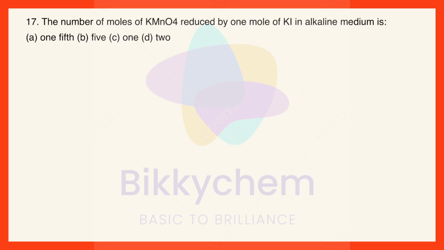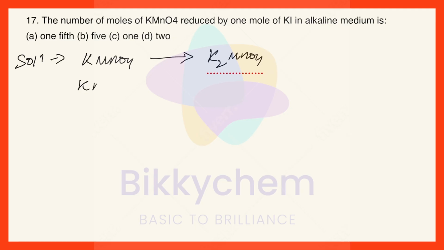Okay, dear students, let us see the next question. The number of moles of KMnO4 reduced by 1 mole of KI in alkaline medium is? For this reaction, we need to see that there are 2 possibilities. One is KMnO4 converted into K2MnO4, or else KMnO4 converted into MnO2.